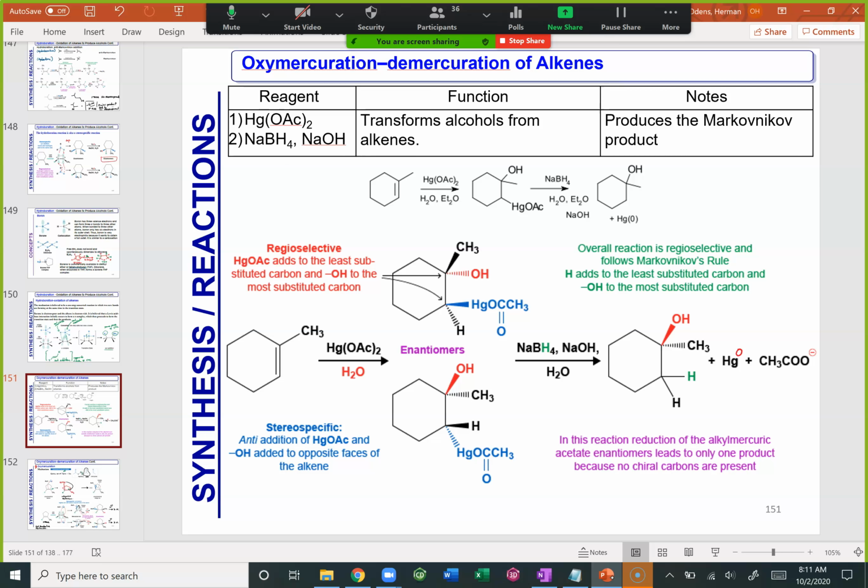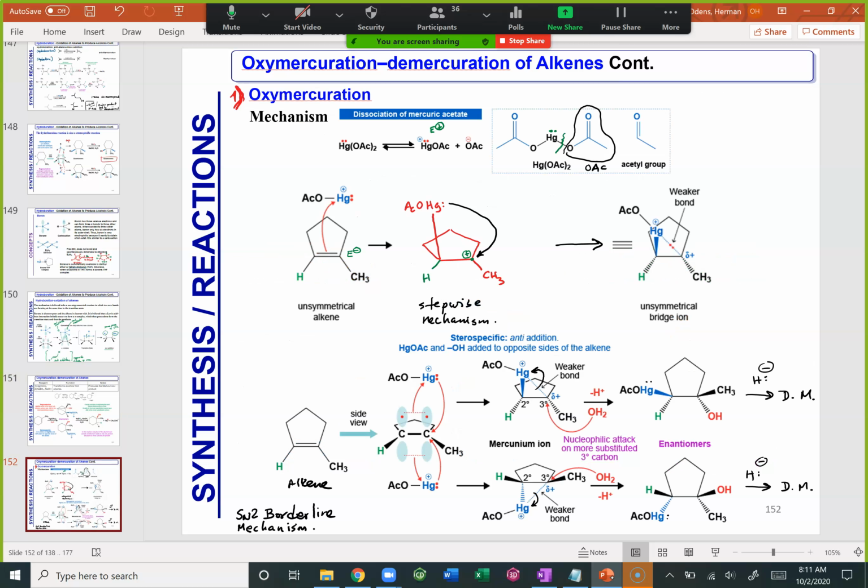Then the third mechanism that we learned was the oxymercuration, demercuration of alkenes. This one also is a double slap mechanism. So this is the beginning of what I call the double slap mechanisms. And this undergoes a borderline SN2, where it is partially SN2.